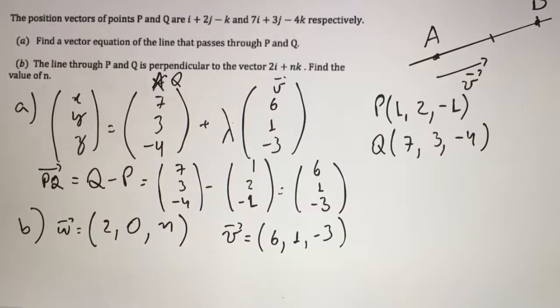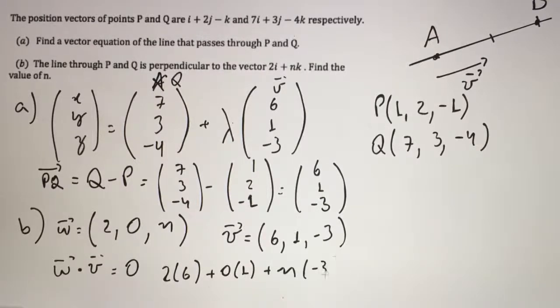And if they're perpendicular, then I know that the dot product between the two vectors has to be 0. And how do I find the dot product between w and v? Well, I'm going to multiply the corresponding coordinates and add them. So it's going to be 2 times 6 plus 0 times 1 plus n times -3.